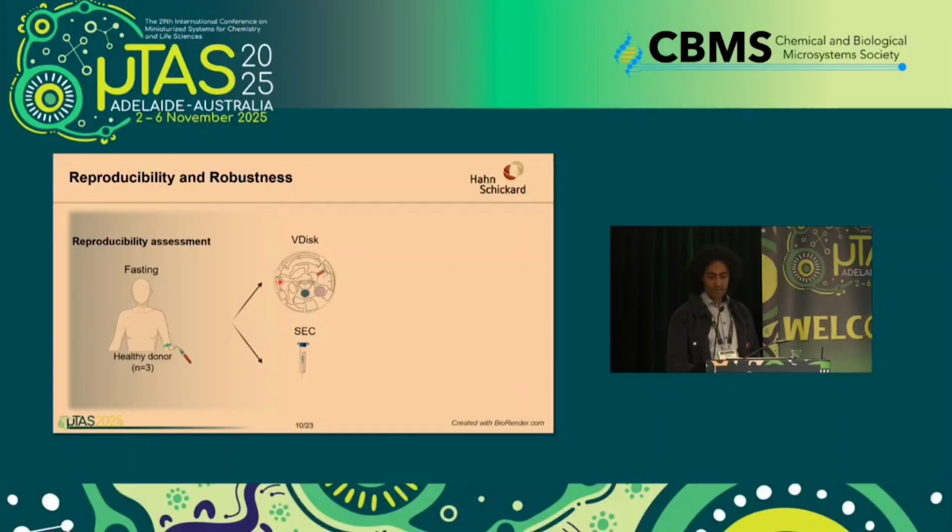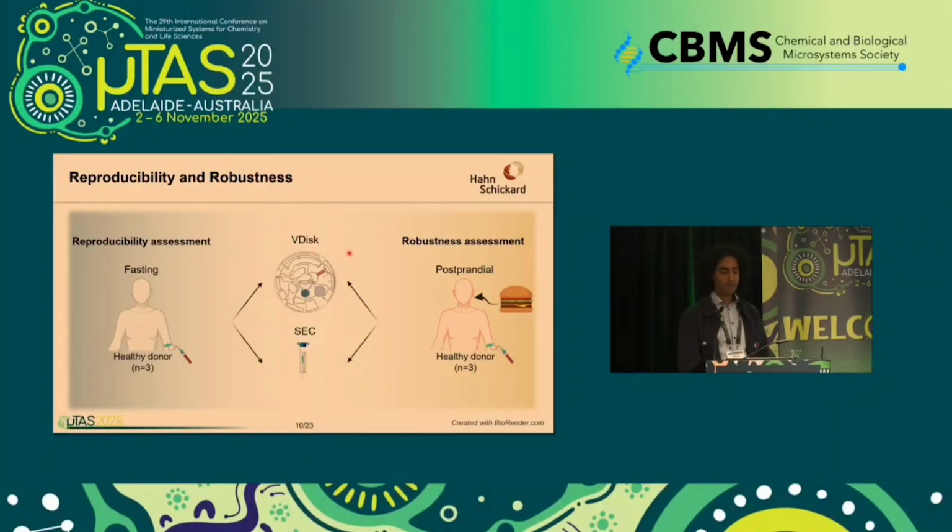To further investigate the reproducibility of this system, we collected samples from 3 healthy donors and processed them again on the VDisk and SEC in parallel. Also, to evaluate the robustness of our platform, we collected samples from the same donors on the same day, but a few hours after they consumed some fatty food.